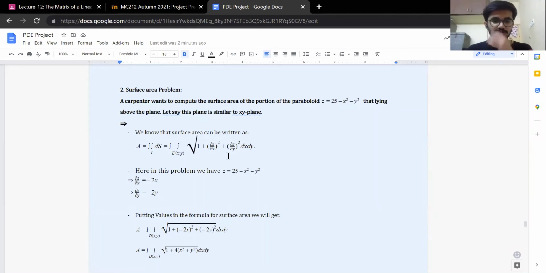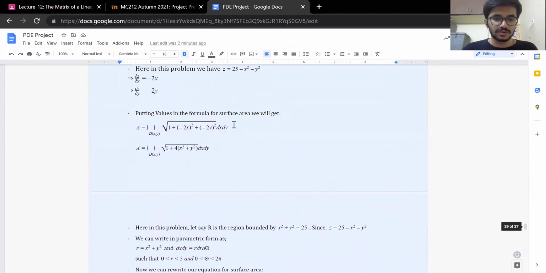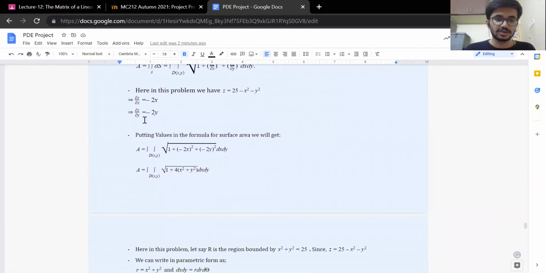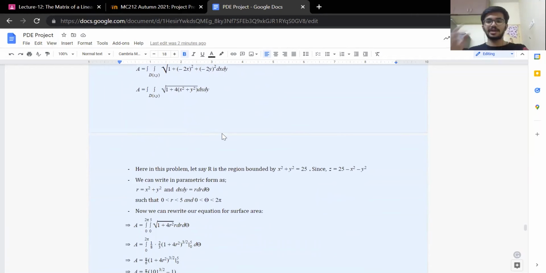So here is the equation for surface area. This is the equation in the parametric form, so convert. Or you can go directly: take z, find dou z by dou x and dou z by dou y, and bring them into the formula. Now I took the parametric form and changed dx dy into r dr d theta.